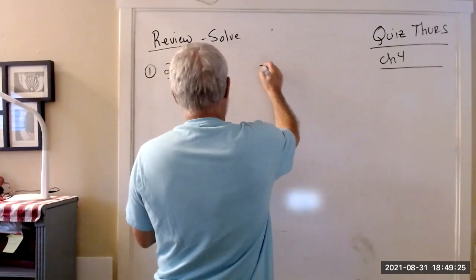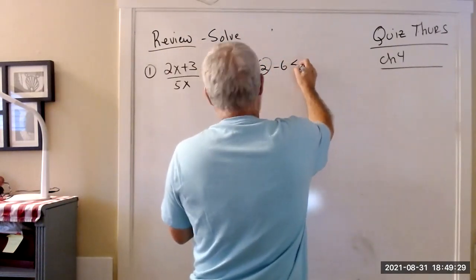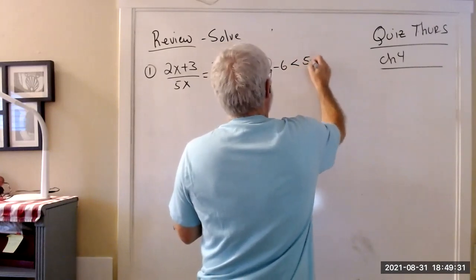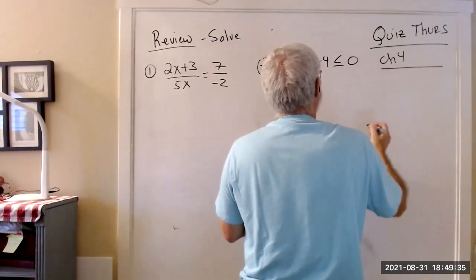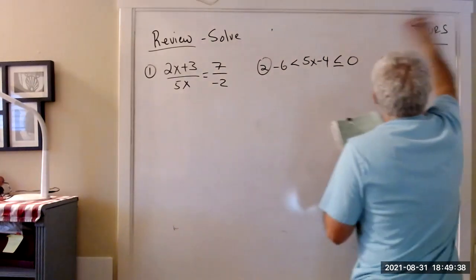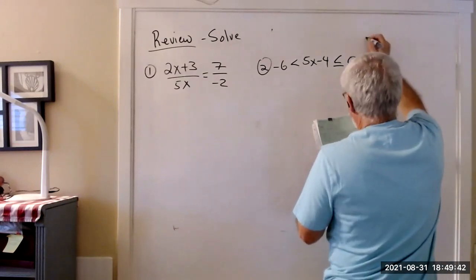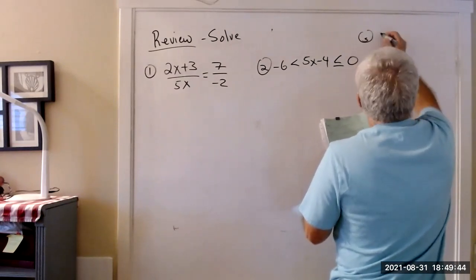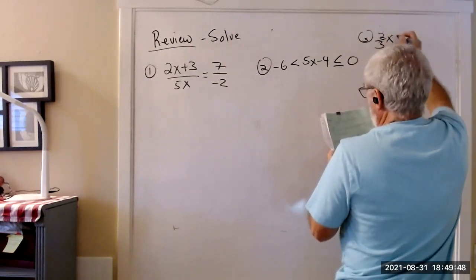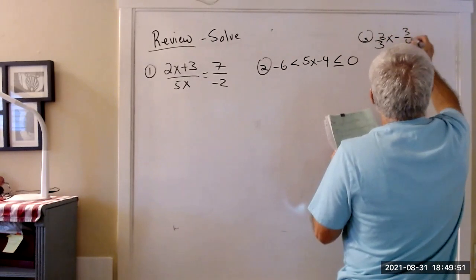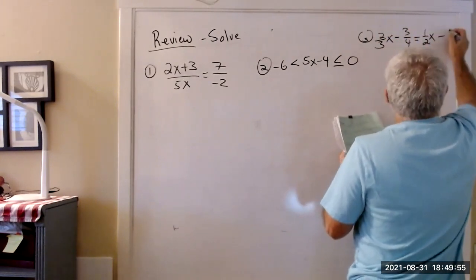Number 2, negative 6 is less than 5x minus 4, which is less than or equal to 0. Number 3, 2/3 x minus 3/4 equals 1/2 x minus 6.